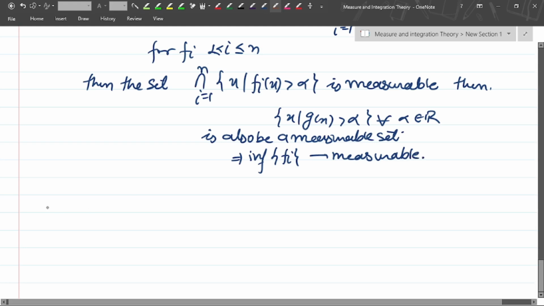Now next, the third one is the limit superior.